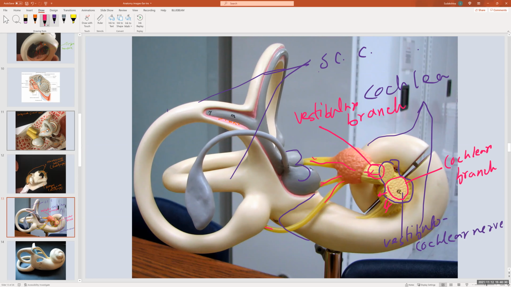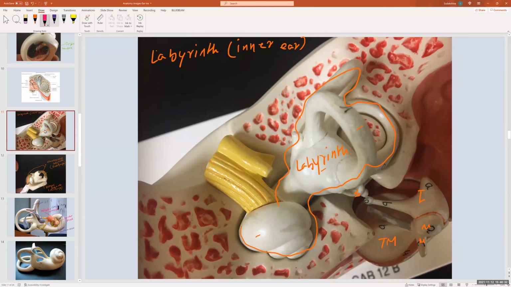If we go back, right here, same thing. This will be vestibulocochlear nerve. I'm abbreviating. This is going to be the cochlear branch. This is going to be the vestibular branch.